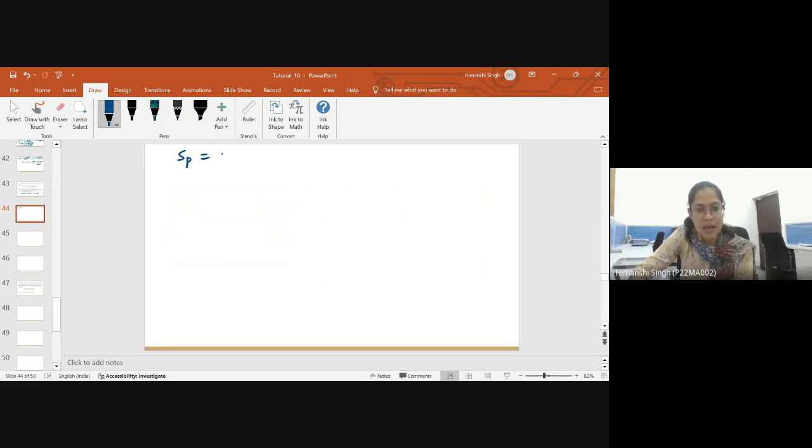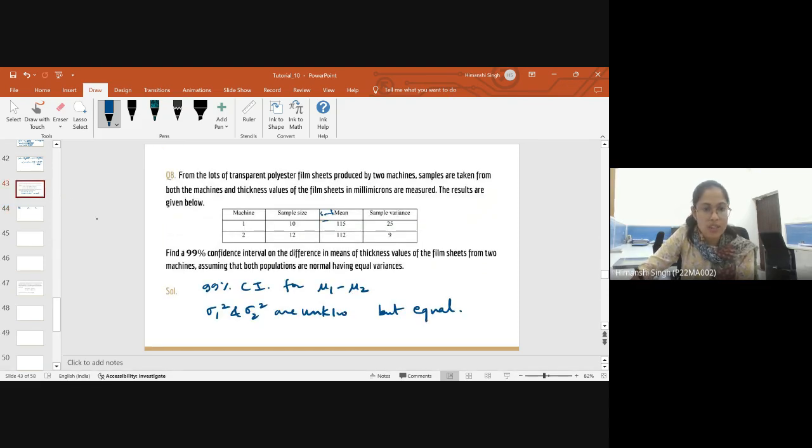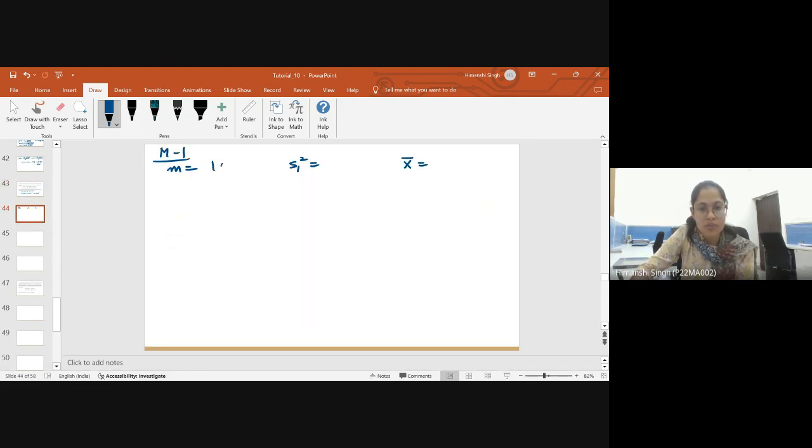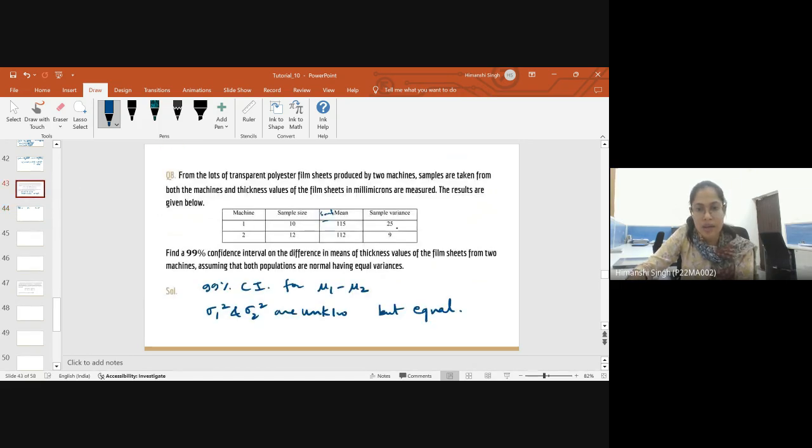Let me write the values of m and n first. For machine 1, we have sample size m as 10, mean x bar as 115, and s1 square as 25.